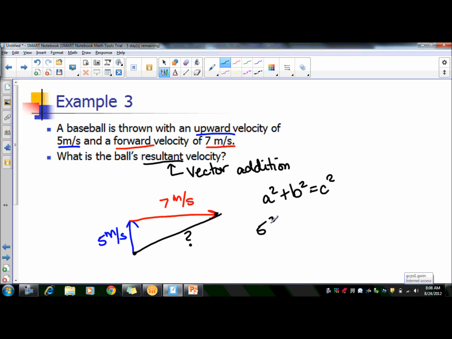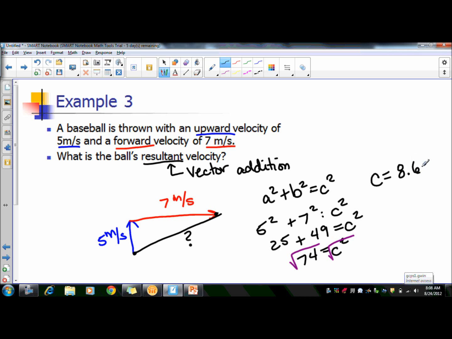So we have 5 squared plus 7 squared equals c squared. 5 squared is 25. 7 squared is 49. 25 plus 49 is 74. And then again, we square root. So we get a final answer of 8.602 meters per second.